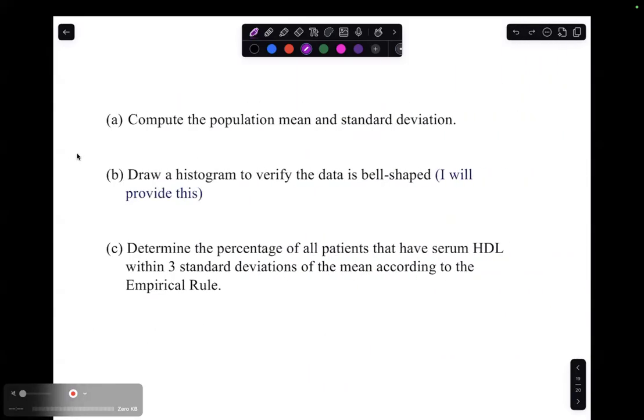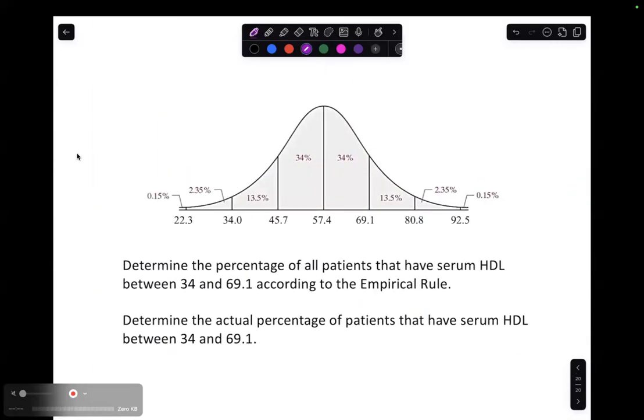So what we're going to do is figure out, well, we know this. According to the empirical rule, we know that 99.7% of all of our patients should have their cholesterol within 3 standard deviations of the mean. So let's take a look.